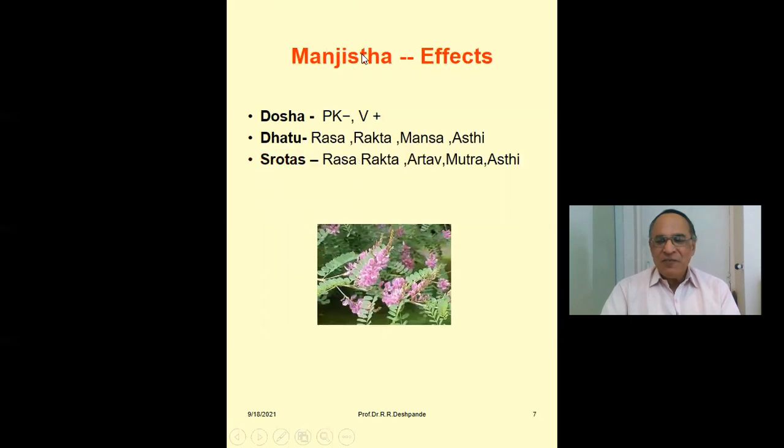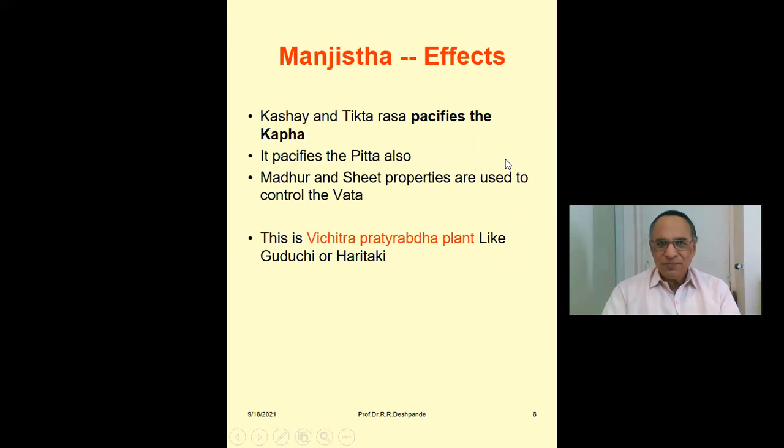Manjistha's effects: basically it controls pitta and kapha, but used excessively, it can stimulate vata dosha. It acts on rasa dhatu, rakta dhatu, mamsa dhatu and asthi dhatu. Srotas are similar: rasavaha srotas, raktavaha srotas, artavavaha srotas, the gynecological reproductive system, mutravaha srotas, and asthivaha srotas, the osseous tissue.